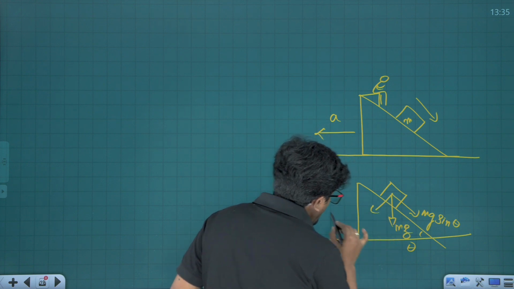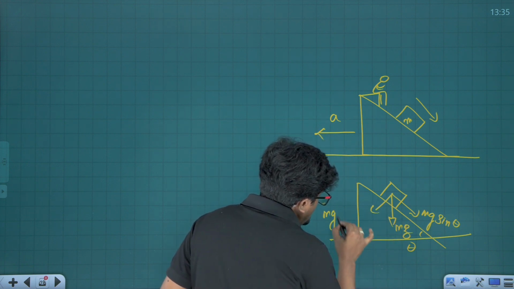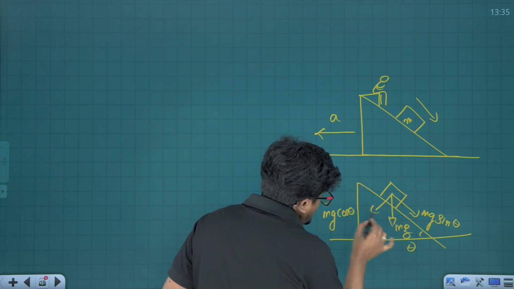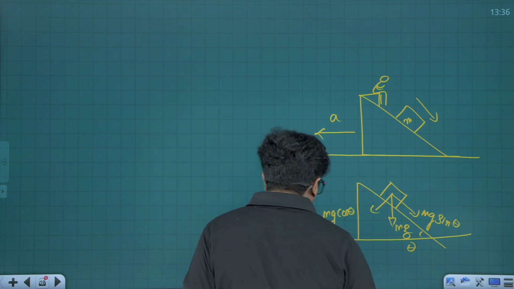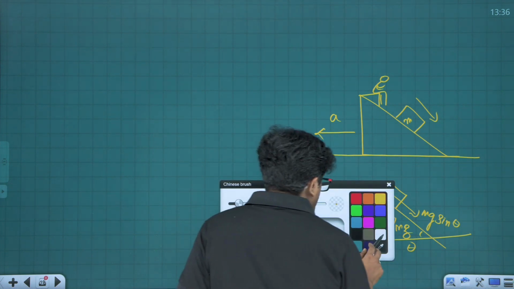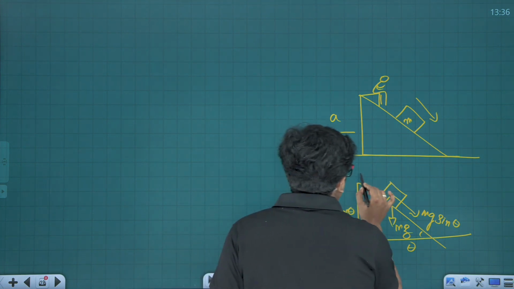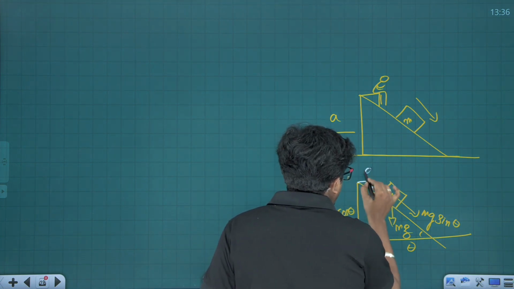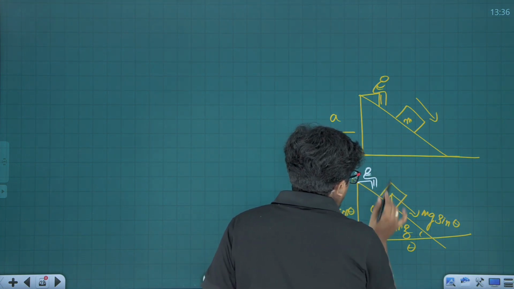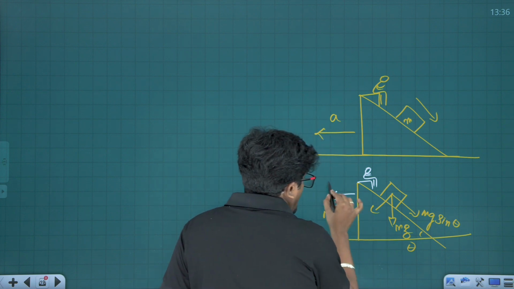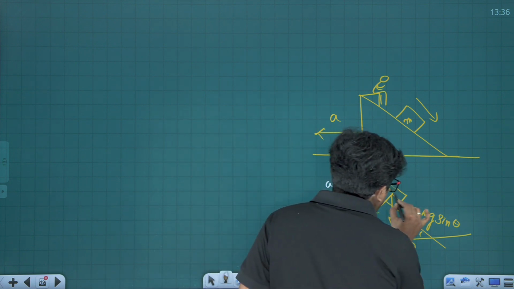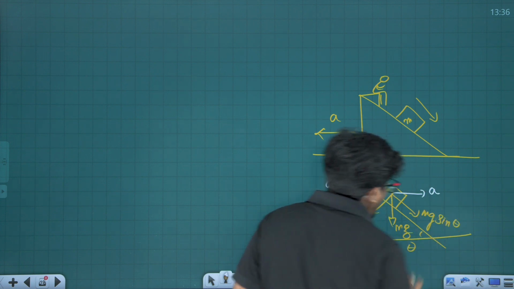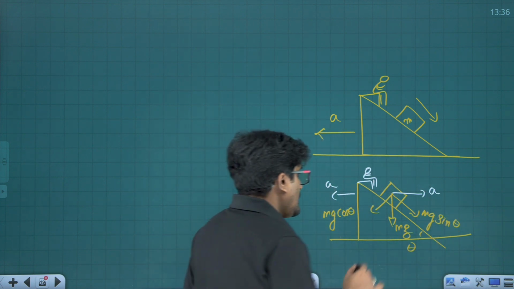And here we have got what? mg cos of theta. And I have got 0 acceleration for this particular observer who sits here. This frame is moving towards left with an acceleration of a. So of course, as per him, this body is experiencing an acceleration a towards right.